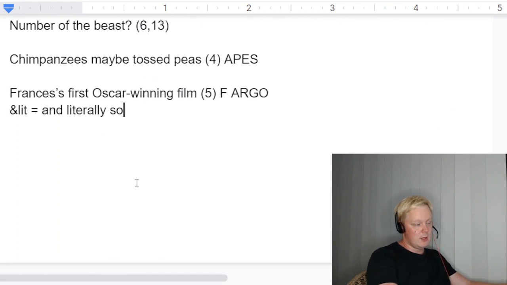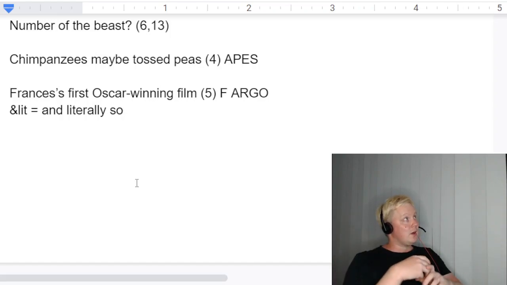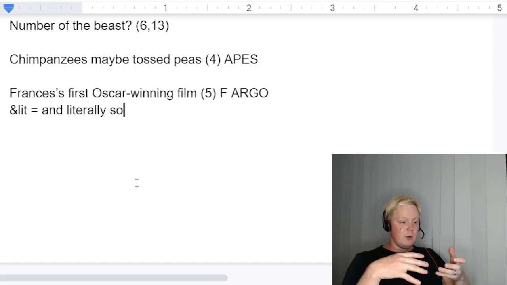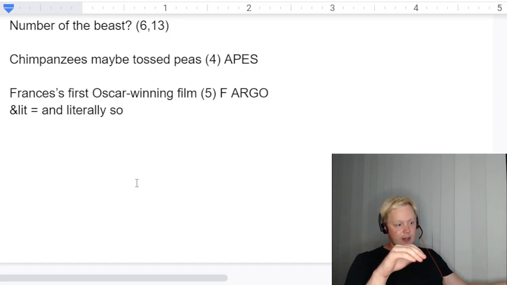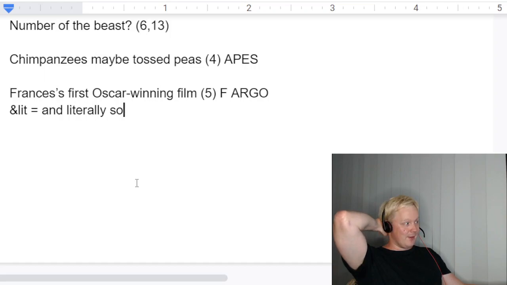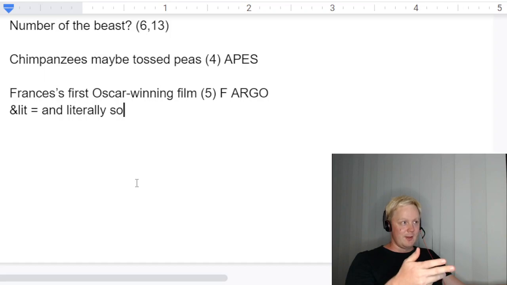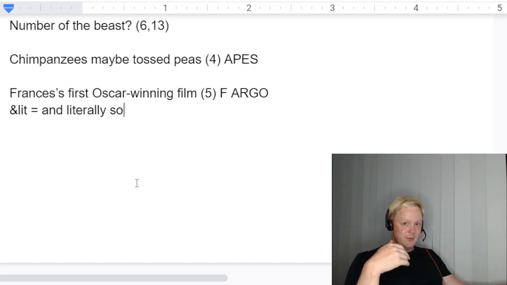There are much trickier examples as well. You might need to read a certain word with a different pronunciation, like you might have a surface reading about fighting and it has the word row, but for the wordplay you need it to be row, which is spelled the same. Or you might have the word Polish referring to European people, but for the wordplay you might need to read that as polish.